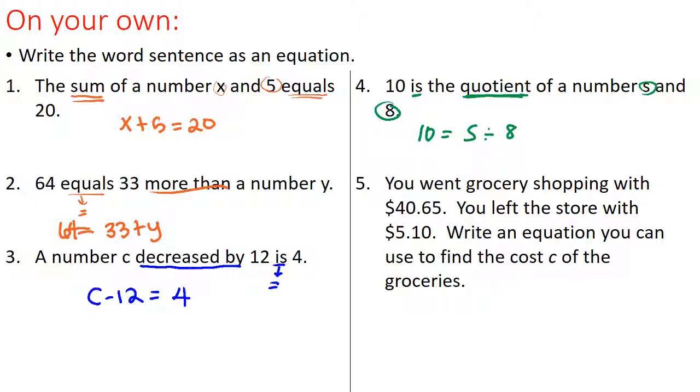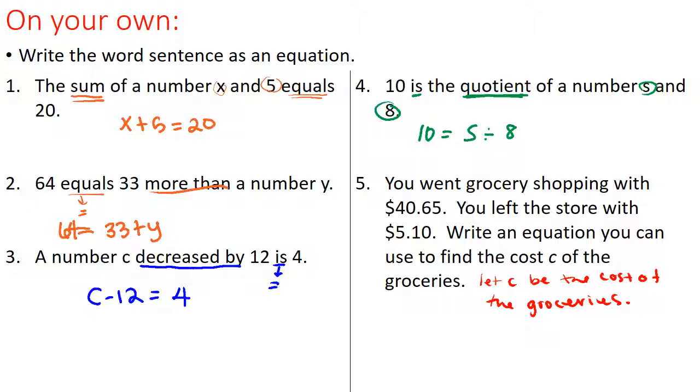And for problem number 5 here, we can say that you went grocery shopping with $40.65. You left the store with $5.10. Write an equation that you can use to find the cost C of the groceries. So we're going to let C be the cost of the groceries.